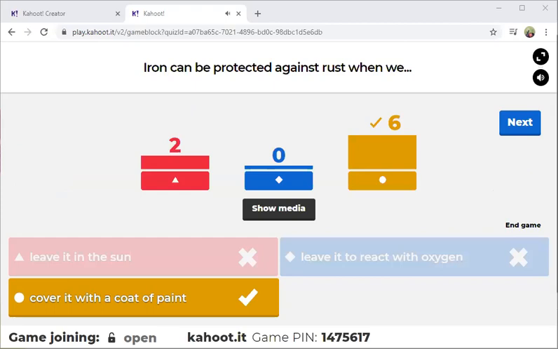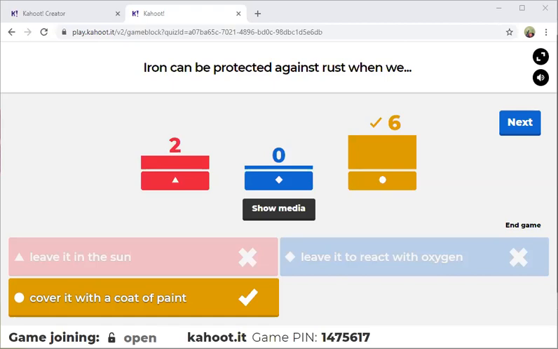All right. So 6 of us got it correct, and we said if we cover it with a coat of paint, so if we leave it in the sun, it is most probably going to rust. The iron will probably rust because there is oxygen, right, in the atmosphere, and the sun cannot protect iron from rust.